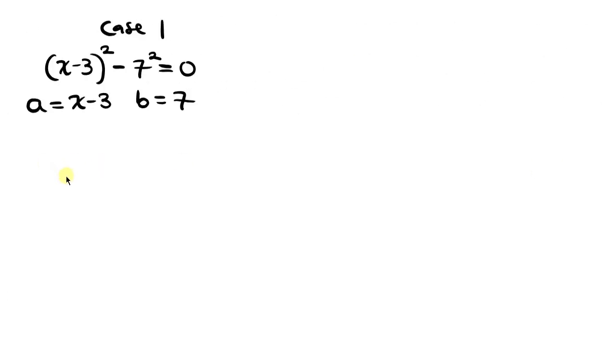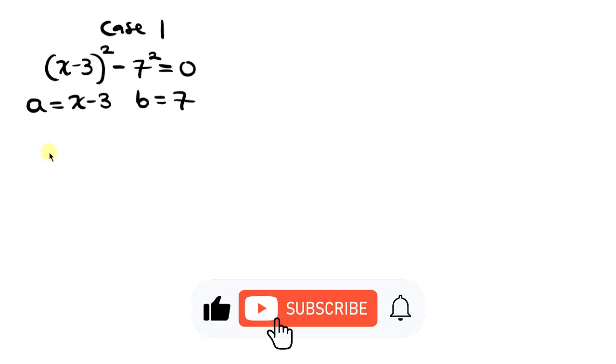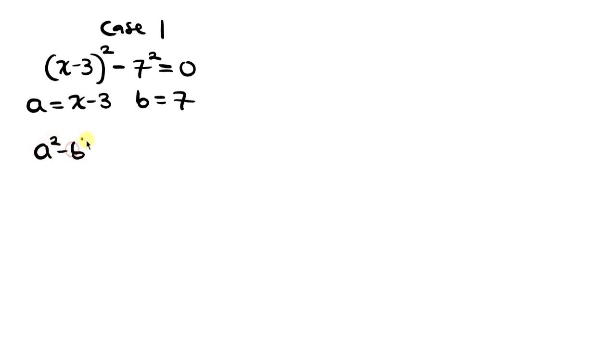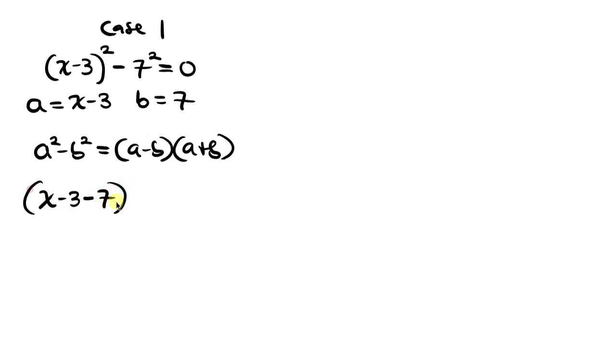All right, so remember the property of difference of two squares. Let me rewrite that here: a squared minus b squared is equal to (a − b) times (a + b). Now let's write this expression in this form. So a minus b, a is x − 3, that's a, minus b is 7, times a plus b.